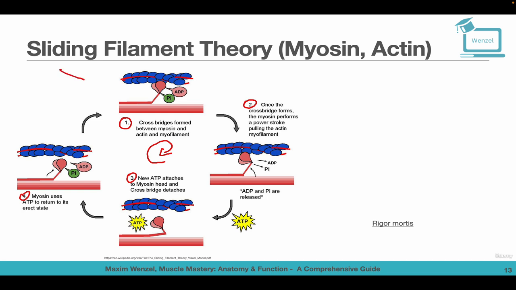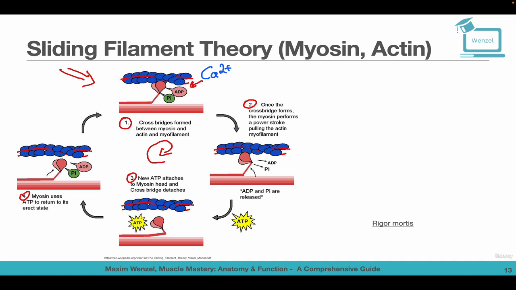You don't see it here, but you have an action potential which causes calcium release. We talked about this in the last slide. So we have Ca2+, which is released, and these calcium ions will bind to troponin, and they will cause tropomyosin to shift and expose the binding site on the actin filaments.